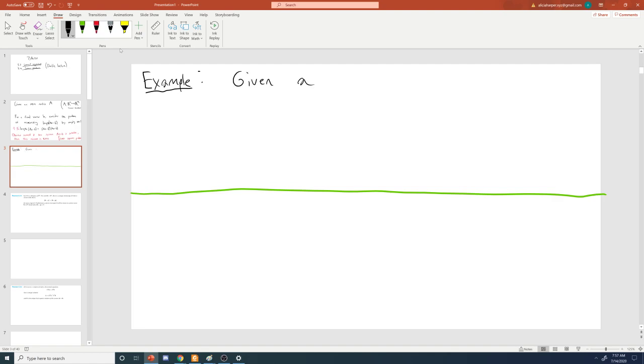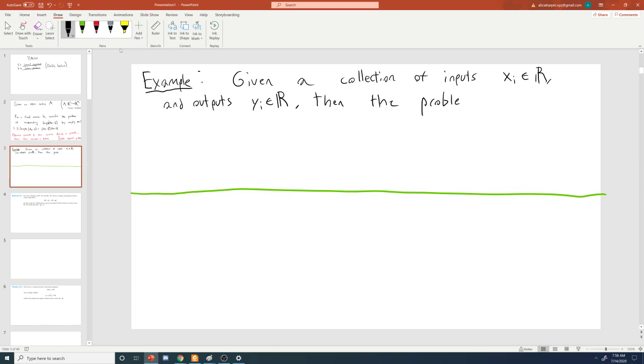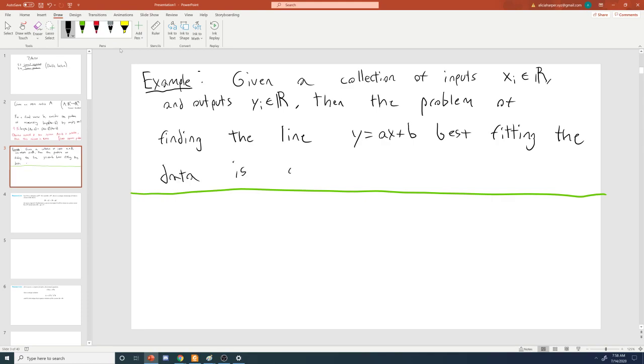Given a collection of inputs xi, which are real numbers, and outputs yi, the problem of finding the line y equals ax plus b best fitting the data is a least squares problem.